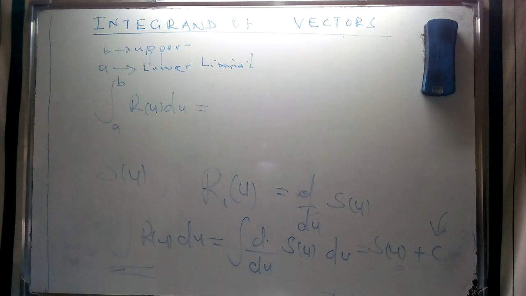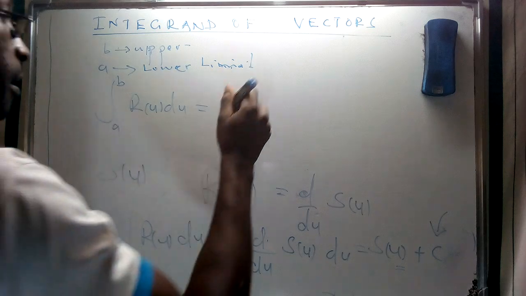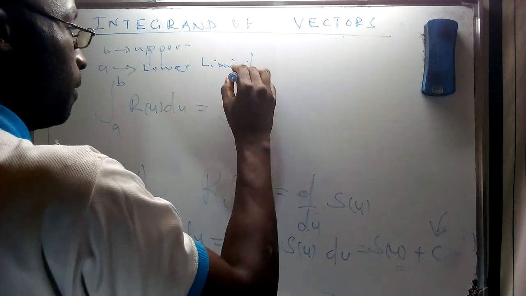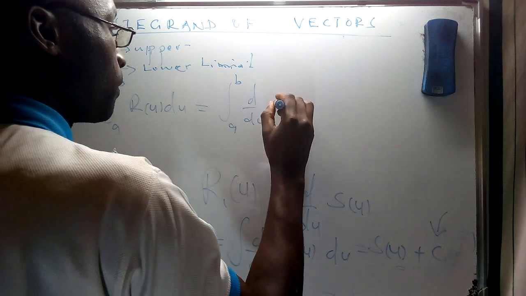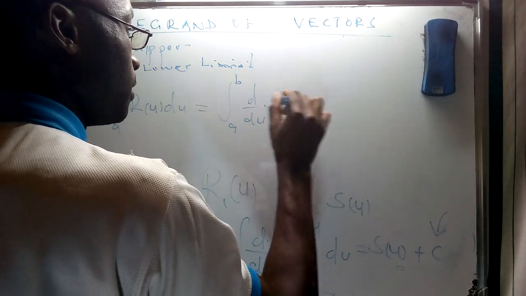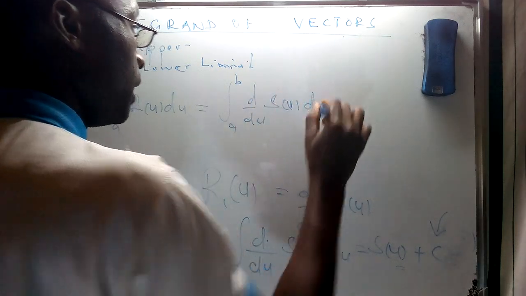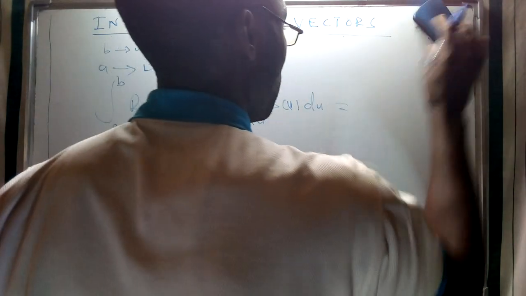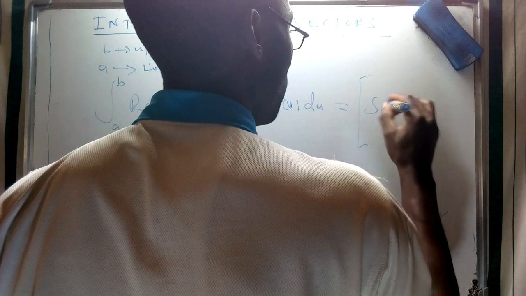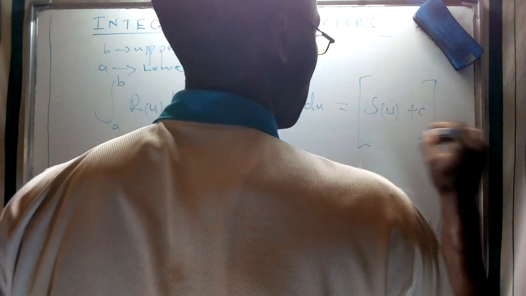And if we're going to give an answer for this, we had said that this can be written in the form of the vector S, whereby we're going to have the integral of d over du of S(u) du, and this is going to give us the integral of this specific function plus c, from the lower limit to the upper limit.